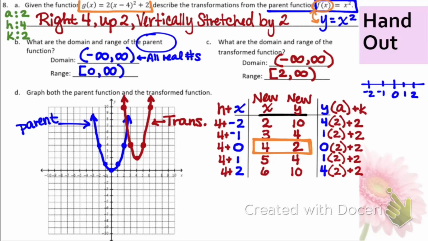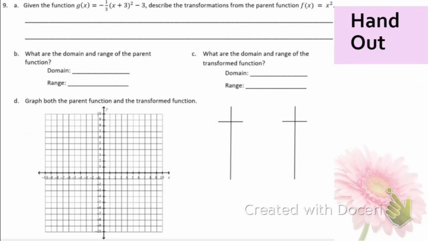Nice work. Please make sure you're on the right problem. The parent function is exactly the same. Same exact parent function. So I'm going to do my table for my parent function.